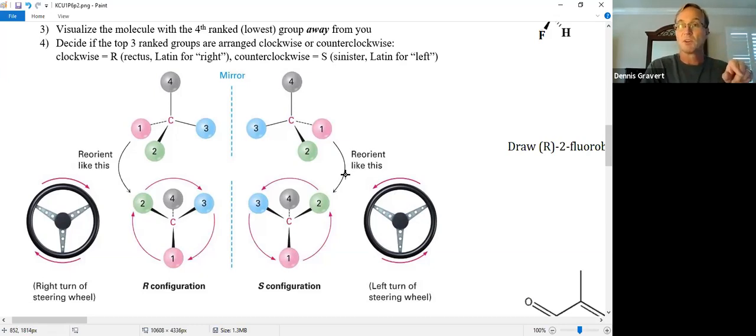So we're going to label this compound with an S. S is derived from the Latin sinister for left. That's how it works. So we have R and S. You just have to remember, right turn and R makes sense. You have to remember that S is the notation for left-hand turn.